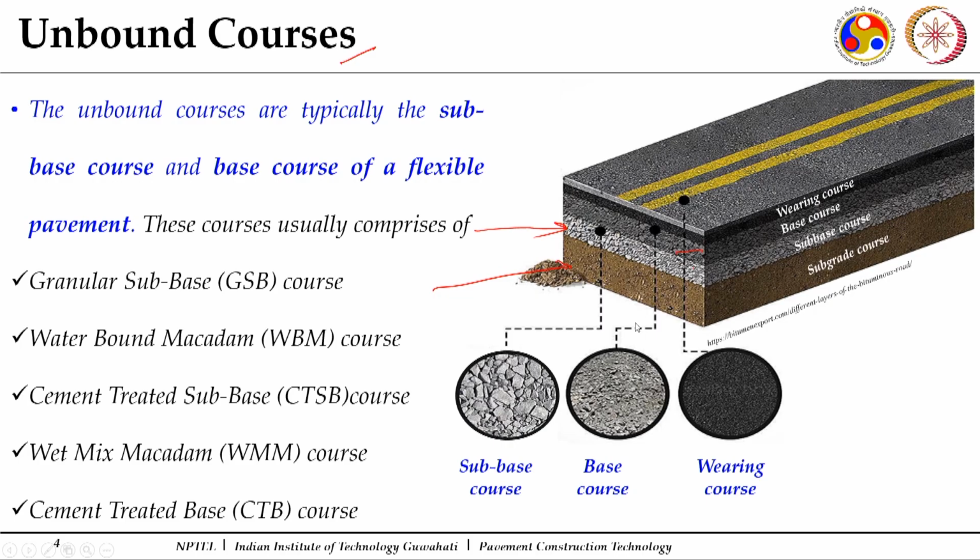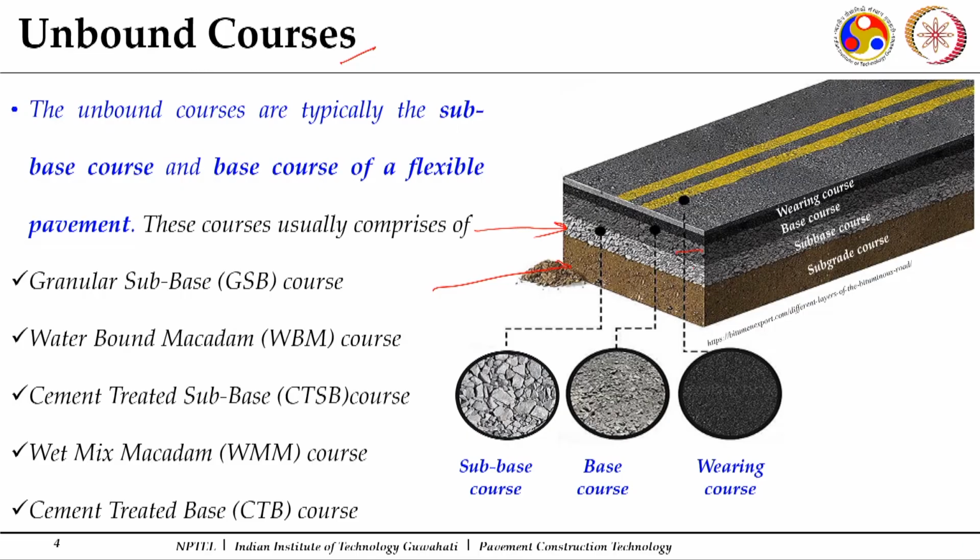The courses used as unbound courses consist of the granular subbase course, water-bound macadam course, and cement treated subbase course. As I mentioned, we can use a subbase material which has a binding material also. Here cement is the binding material, or fly ash or any pozzolanic material, and then it becomes a cement treated subbase course.